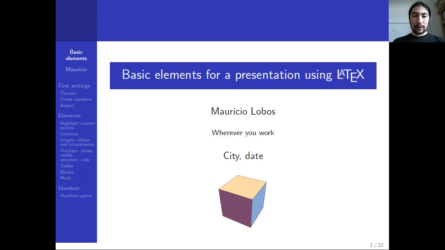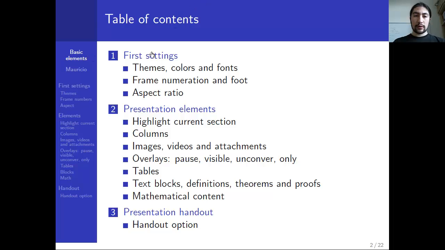Within this tutorial, I will teach you how to create this title frame, how to choose a theme that you would like, and also how to create a table of contents with all of the sections of your presentation. This is created automatically. You don't really have to write anything of that. Within your presentation, you just have to define what is a section and what is a subsection.